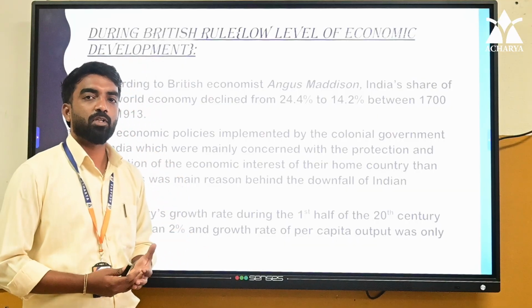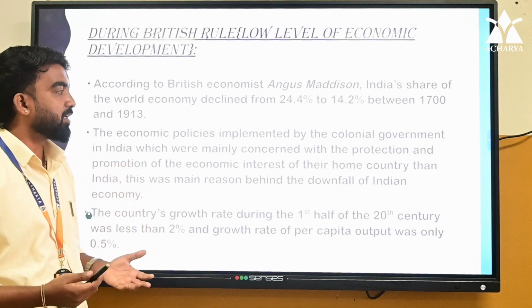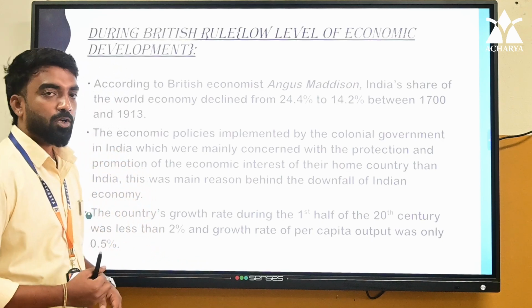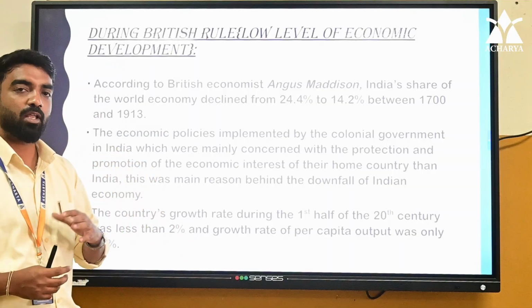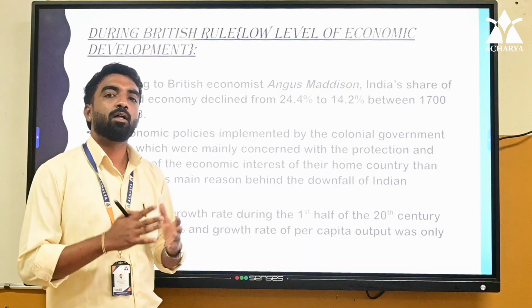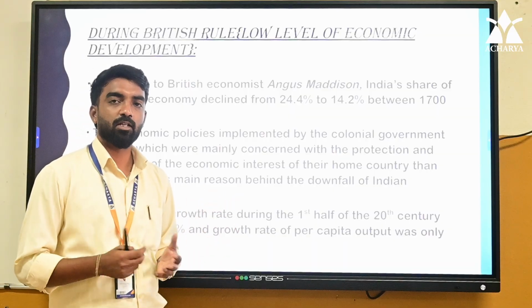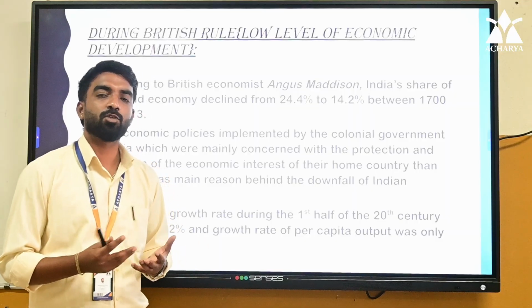The major reason for this was the exploitation by the British colonial government over India, because they mainly promoted and protected their home country's benefits. So they reduced India to an exporter of raw materials, and they dumped all the large scale production from the industrial revolution into the Indian market, and they forced Indians to buy that.